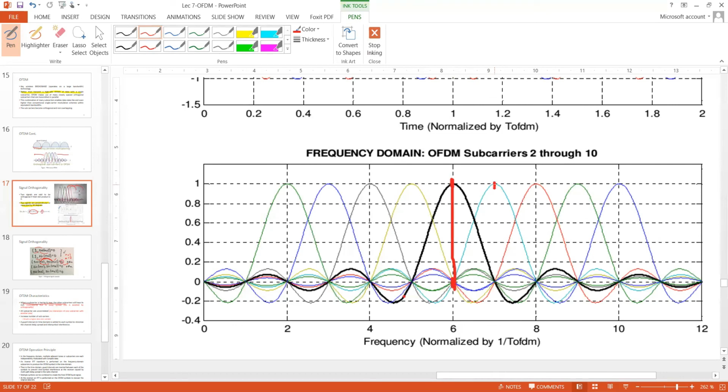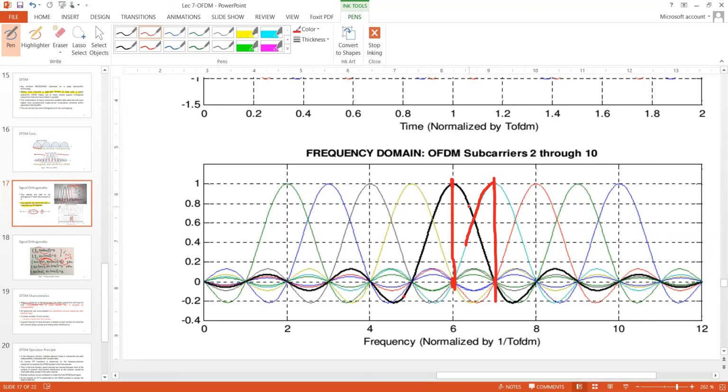Similarly, at this point, if you consider this subcarrier, it has a maximum amplitude, and at this point the amplitude of all other subcarriers is equal to zero.